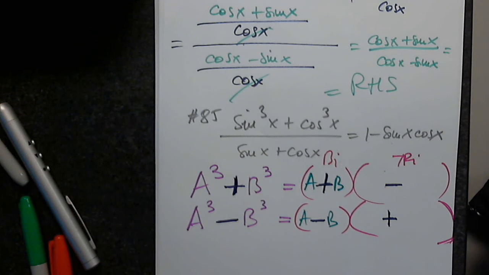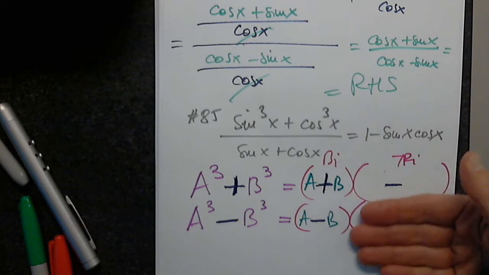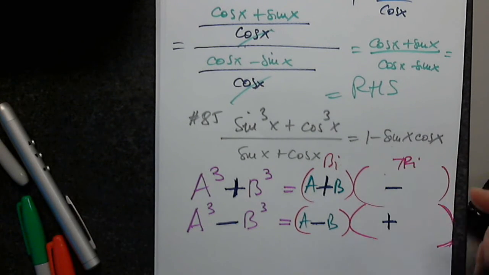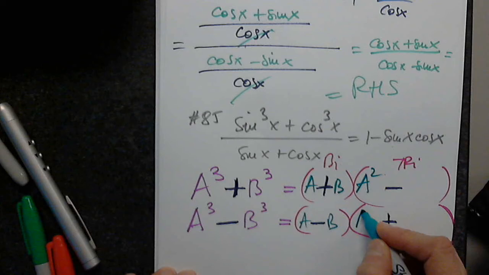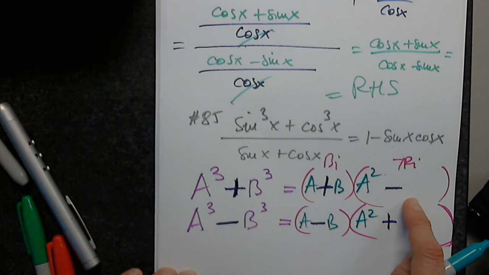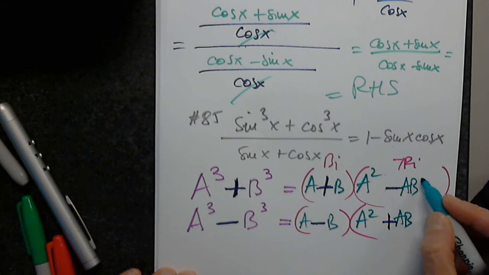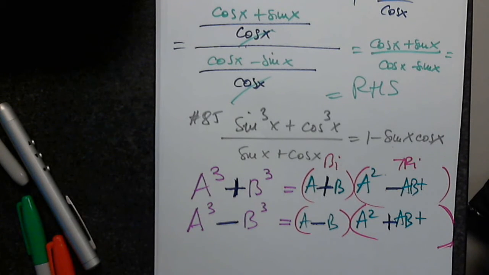And this is very similar to our agreement. Everything is the same here with our agreement without the 2. There is no 2 in the formula. So the first term squared minus, without the 2, AB. And the last term must be in both cases what?